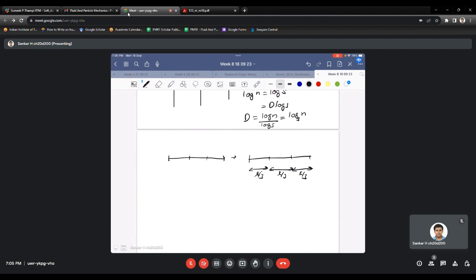There's nothing new here, this is what was discussed. But now I remove the center part of this line, and I add two more lines of equal length, that is L by 3. So I have scaled it by 3, and the number of pieces that are formed is 4.